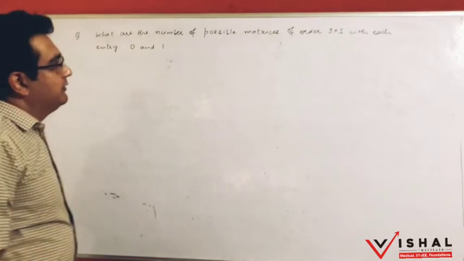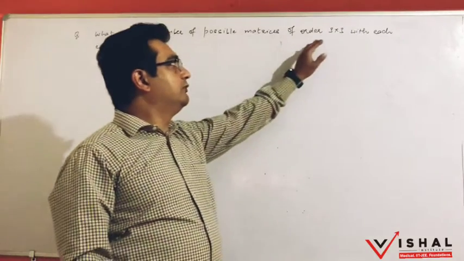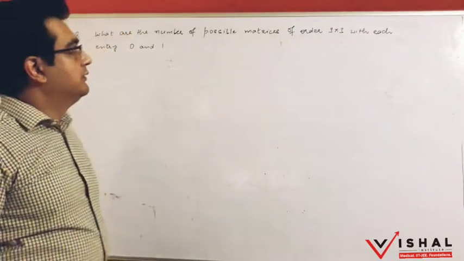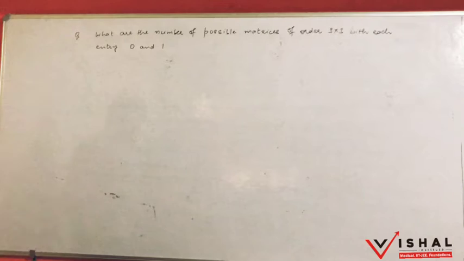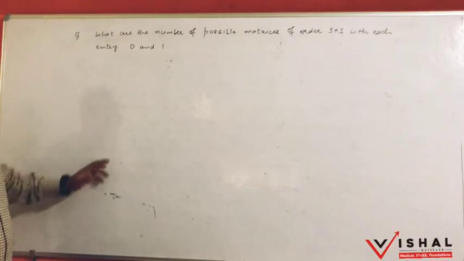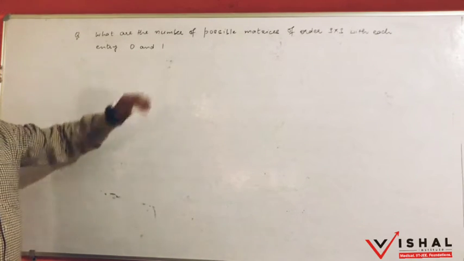Now we have to find the number of 3 cross 3 matrices such that each of the places can be filled either by 0 or 1.